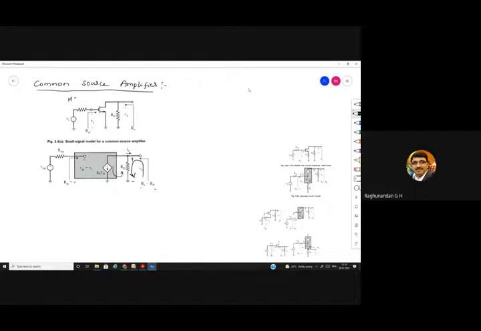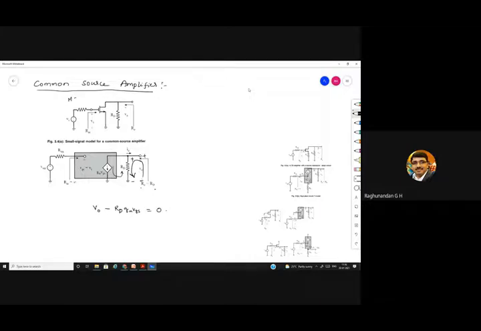Okay. This is V naught, whatever we are obtaining between these two terminals. This terminal is nothing but ground. Minus to plus, plus V naught. Again, we'll take plus to minus, so minus RD into gm VGS, that is equal to 0.